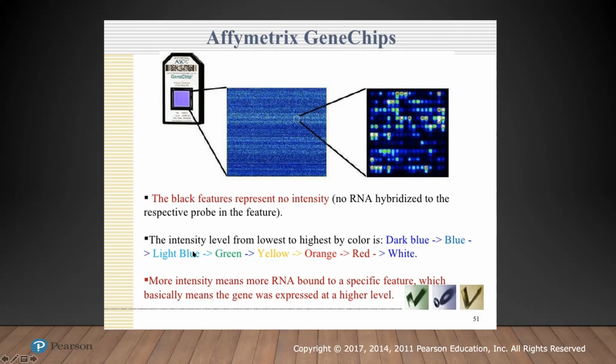But you can see down here the intensity level. If it's showing up dark blue, the RNA is probably not being transcribed, that gene is not being transcribed. Where white is the highest level of intensity, that gene was being expressed at a very high level. So it's kind of like a heat map or a weather map, right?